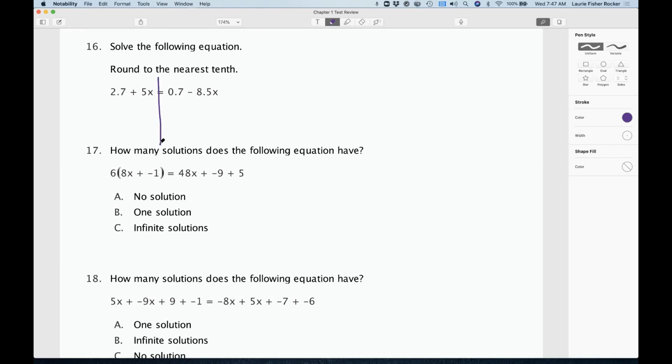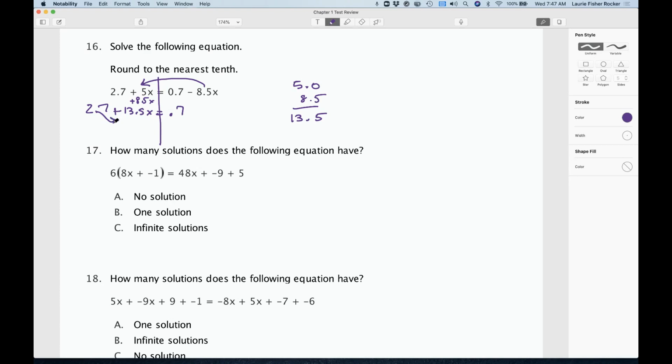Okay, and just to skip formalities, I'm going to start moving x's to one side, so 2.7, so plus 8.5x. So I'm going to come over here, 5.0 plus 8.5. I've got 13.5. They're both positive, so 2.7 plus 13.5x equals 0.7.